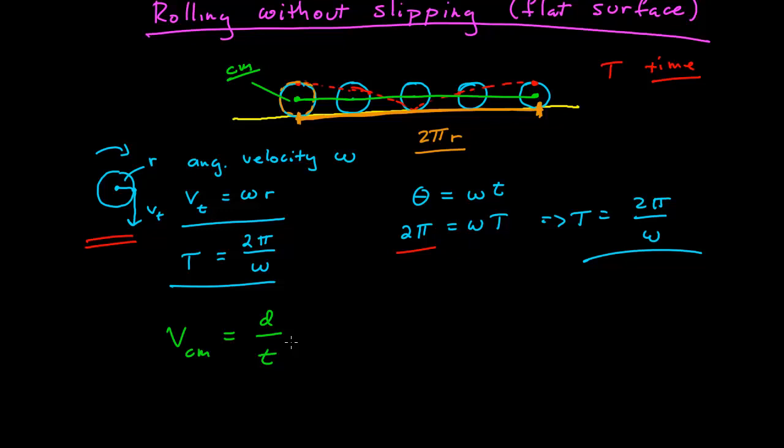The distance covered was 2 pi times the radius, and the time we already determined was one period. Well, 2 pi over the period is the angular frequency, the angular velocity, so this is equal to omega r, which is equal to the tangential velocity of a point at the edge of the cylinder.